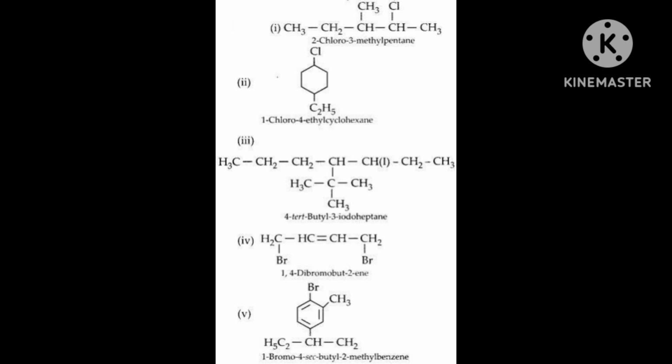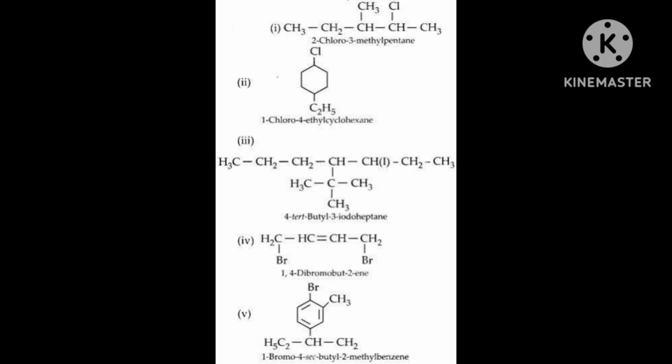This is the example of radicals. These radicals are very, very reactive because now they are free. They can react with others, but generally they will react with other radicals to form a bond.